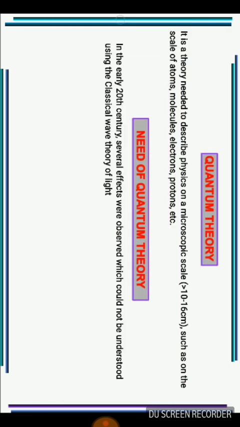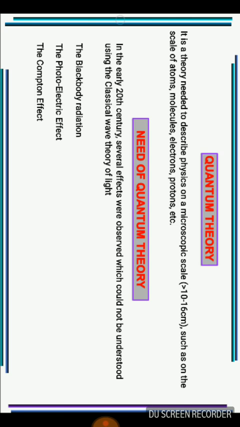The need of quantum theory: in the early 20th century, several effects were observed which could not be understood using the classical theory, wave theory or Newtonian theory. For example, black body radiation, photoelectric effect, Compton effect. These three phenomena cannot be explained with the help of the wave nature of light.